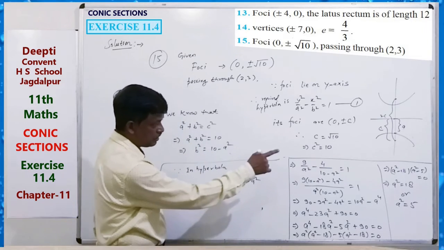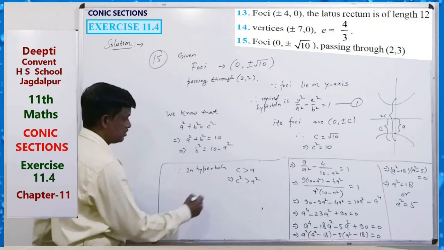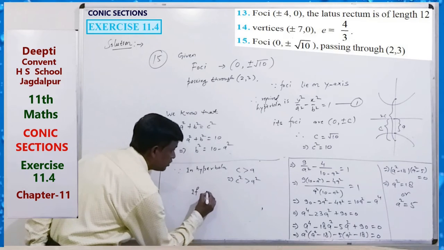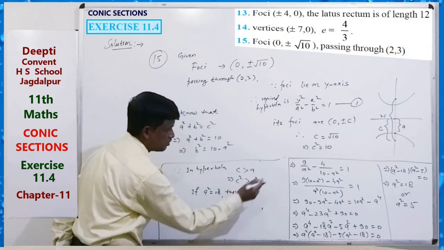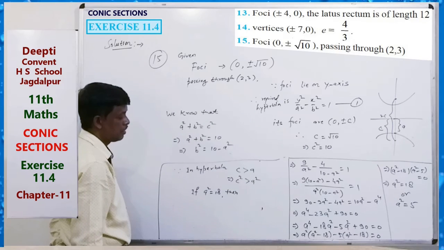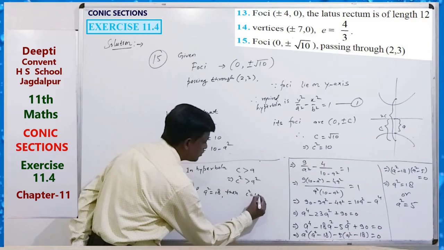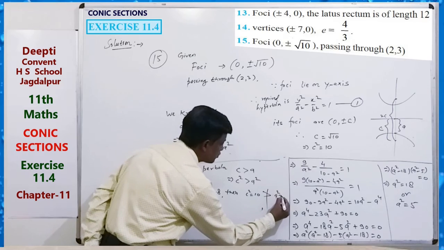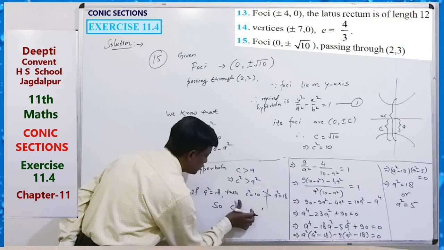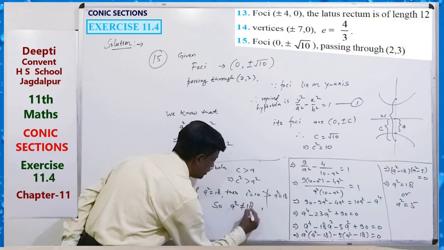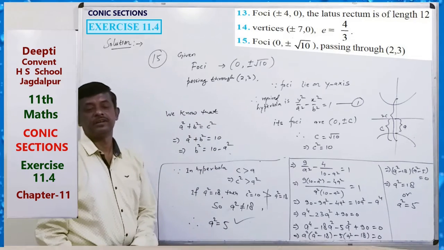If a square equals 18, then c square, 10, is less than 18, so 18 is not possible. Therefore a square equals 5.